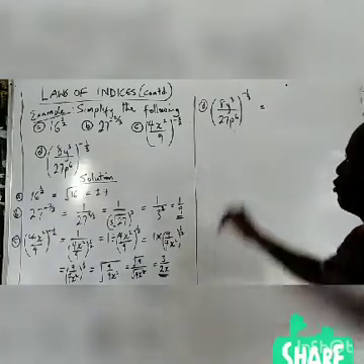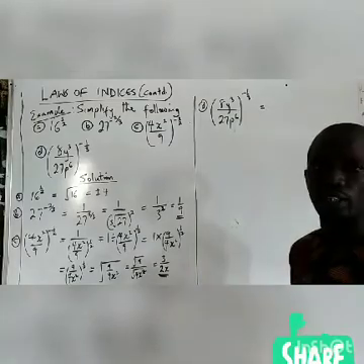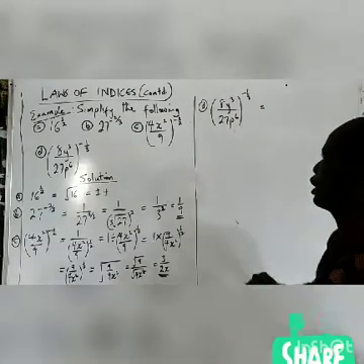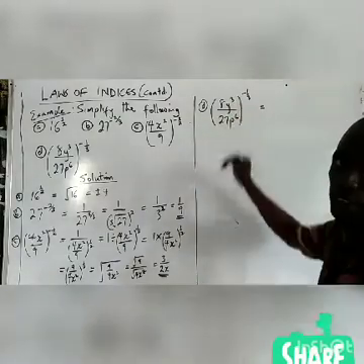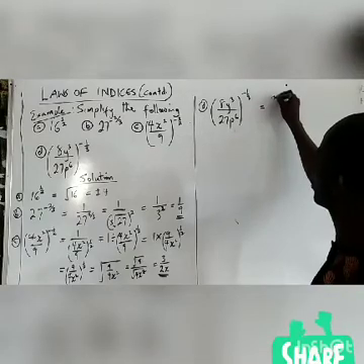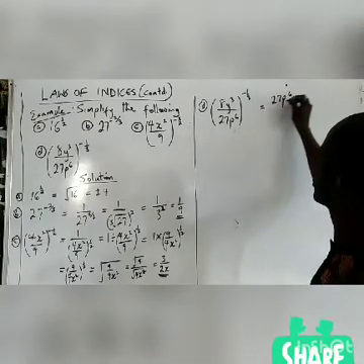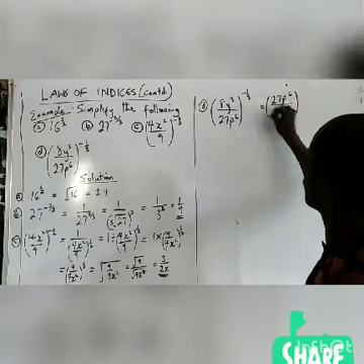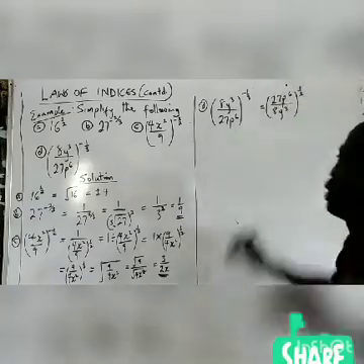Because of the negative, we reverse the fraction, let's apply that short form that I told you before. Anytime you're having a negative power, we reverse the fraction. So if we reverse the fraction, this will give us (27p^6 all over 8y^3), everything raised to power 1 all over 3.